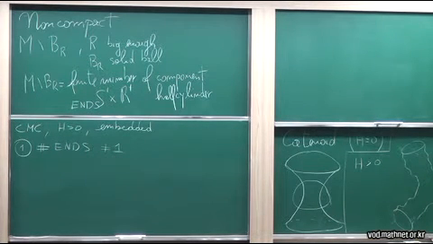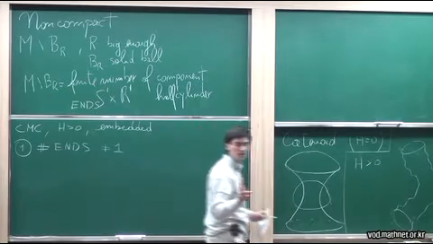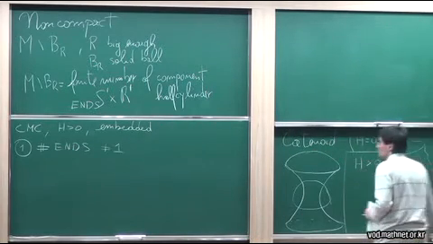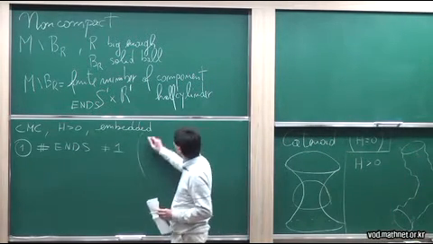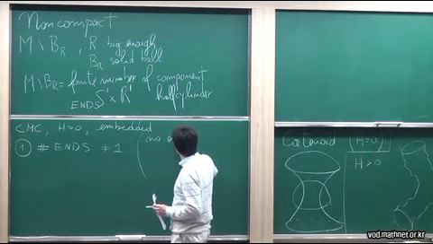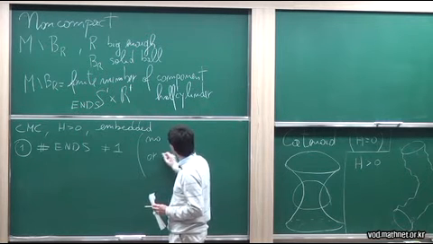So either there are no ends and the surface is compact, or there are at least 2 ends.